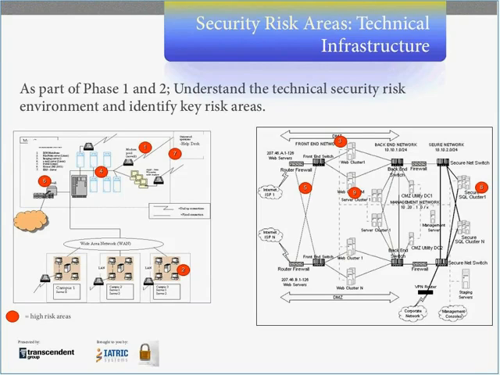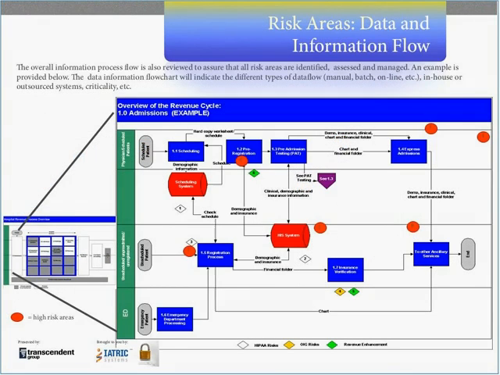This provides an overview of an IT infrastructure, the network diagram. It's a high-level network diagram on the left side and more detail on the right side. Based on this, we can identify different risks, and the risk areas are identified by the red dots in this example. Another example is the data information flow. This shows the revenue cycle, what the business processes are, what systems are involved, and where the key security risk areas are identified.